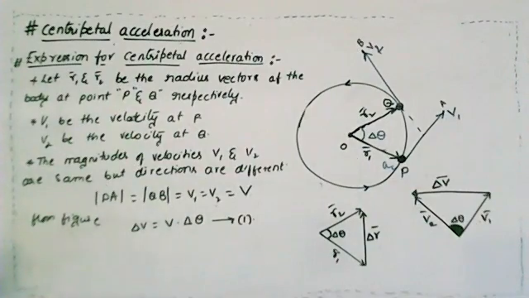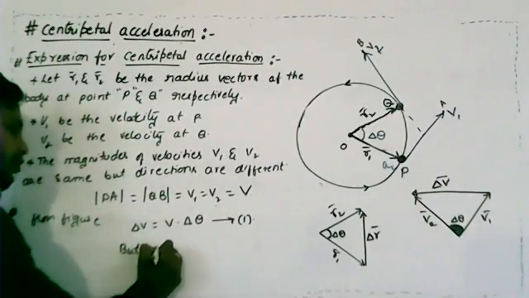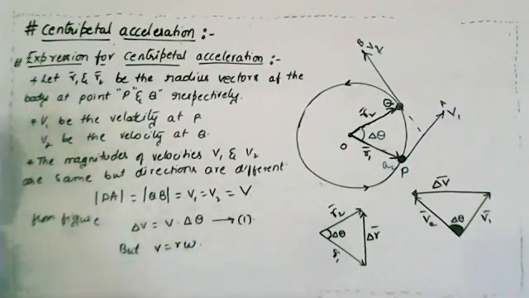Now we know that acceleration a is equal to delta v by delta t, but we know that v is equal to r omega.